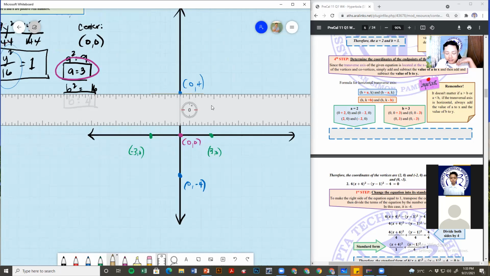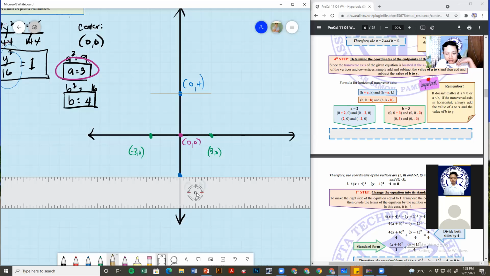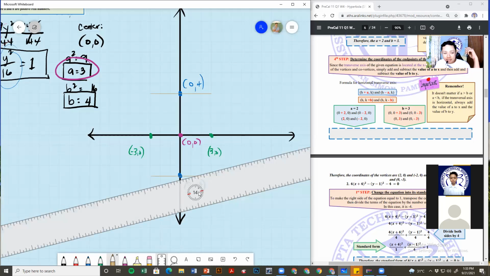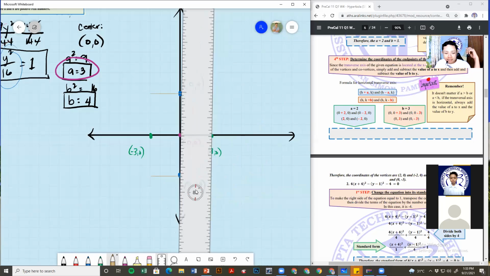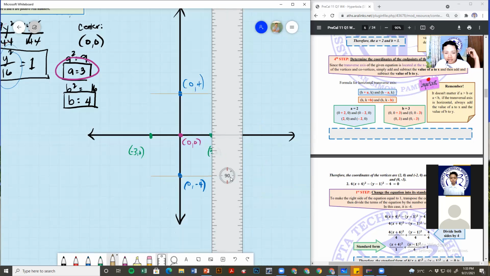I hope you can see it. Just make a box connecting all these points, not a diamond, but a box. It could be a square or a rectangle. In this case, it will become a rectangle simply because A and B are different. But if A and B are the same, then we can form a square. But since in our given they are not the same, we will be forming a rectangle.